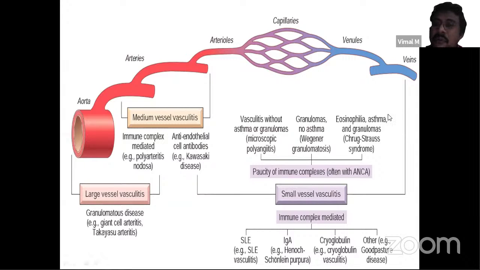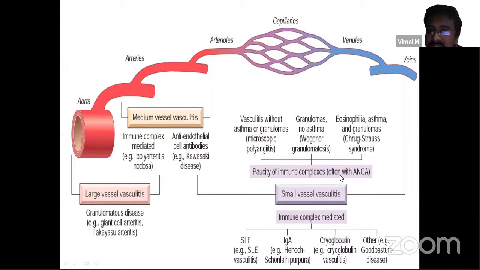Wegener's granulomatosis is the old terminology, and the recent term is granulomatosis with polyangiitis, where granulomas will be there and multiple vessels are involved. Then Churg-Strauss syndrome, where you can have eosinophilia, asthma, and granulomas, whereas here in granulomatosis with polyangiitis you have granulomas but without asthma.